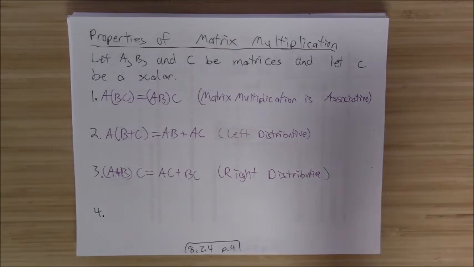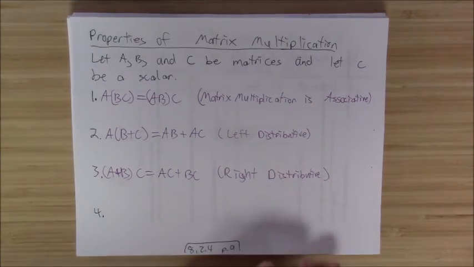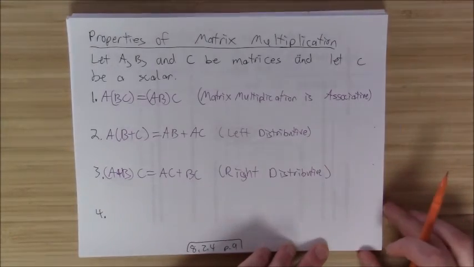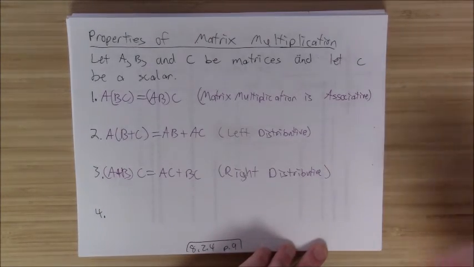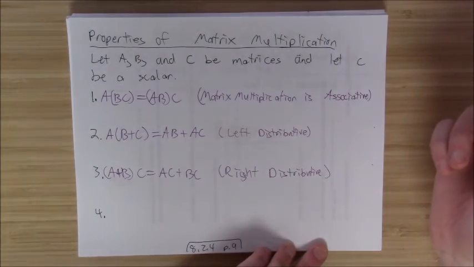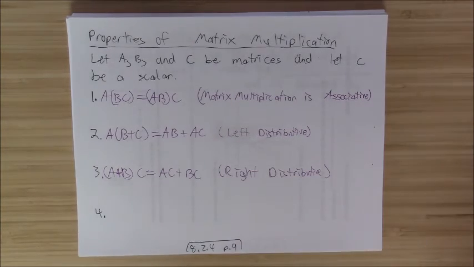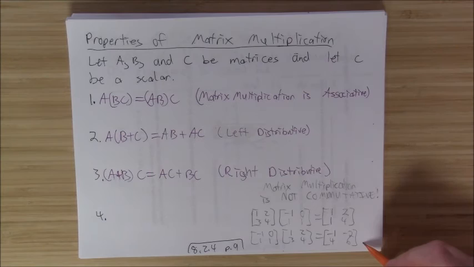And you may say, well, why do you need two separate properties? Well, the problem here, and this is a big deal, I'll mention the last property in a moment, but first I want you to notice that matrix multiplication is in fact not commutative.